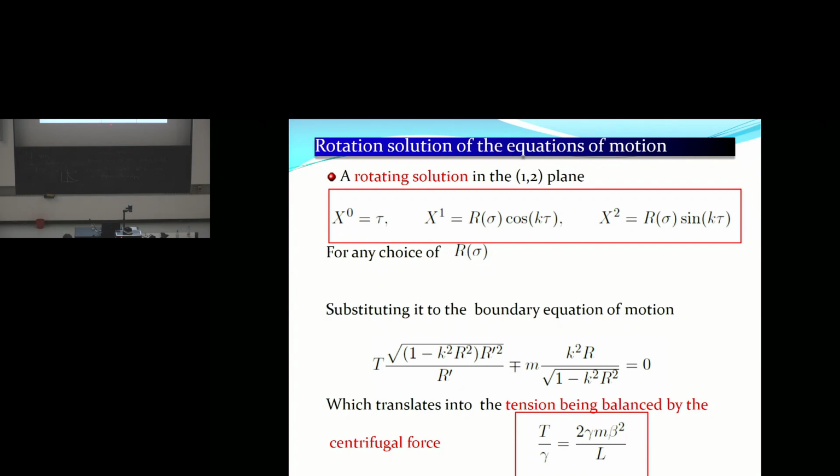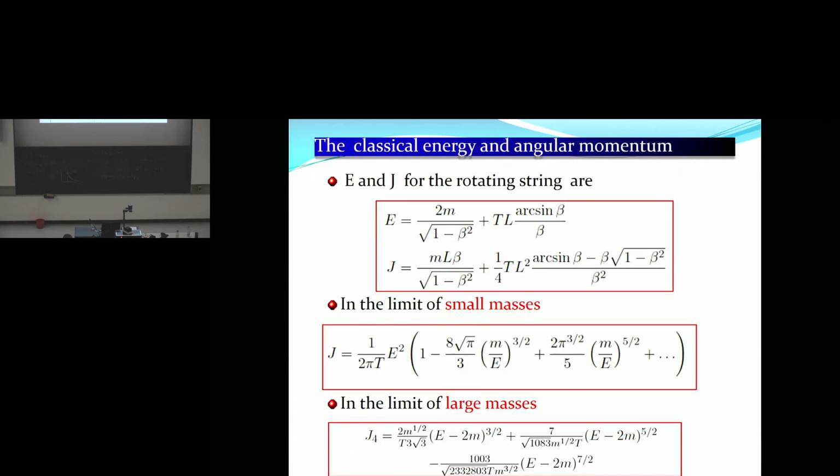Now you can also calculate the charges associated with the angular momentum and the energy, and you get this parametric expression. This is all classical so far. And when you expand for small masses, you get the linearity of the Regge trajectory corrected by these corrections. By the way, in comparison with data, we found precisely this 3/2 power. And for large masses, this is what you have.